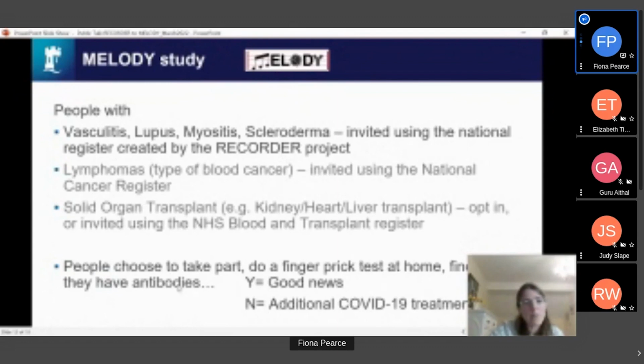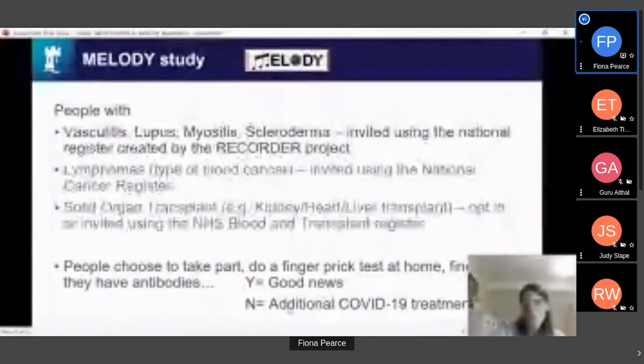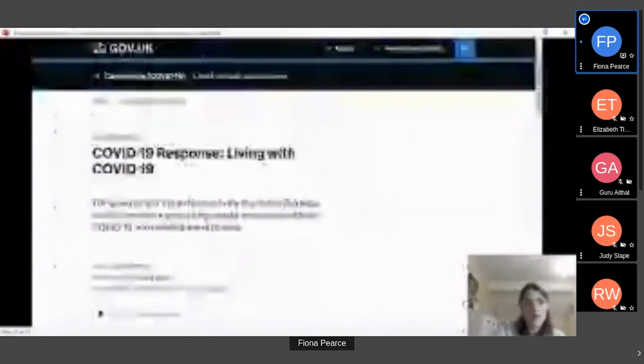And it enables people to find out if they've got antibodies, in which case I think people will feel relieved, because many people have been very concerned about whether they would respond to vaccination. But also for the people who find they haven't got antibodies, they will then be aware that they can access additional COVID-19 treatments should they develop COVID-19.